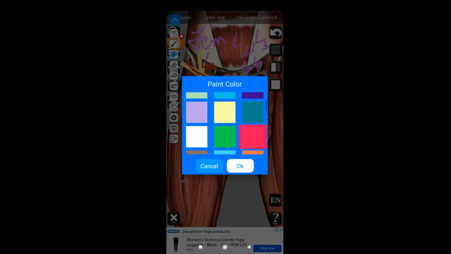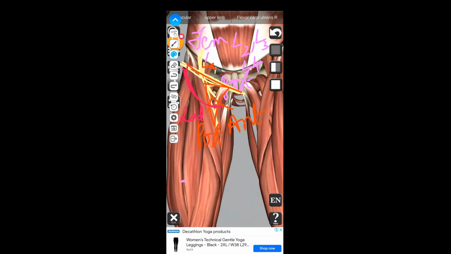Here your lateral circumflex artery, from your femoral artery, going towards your femur, will come. Lateral circumflex will separate the anterior and posterior division.